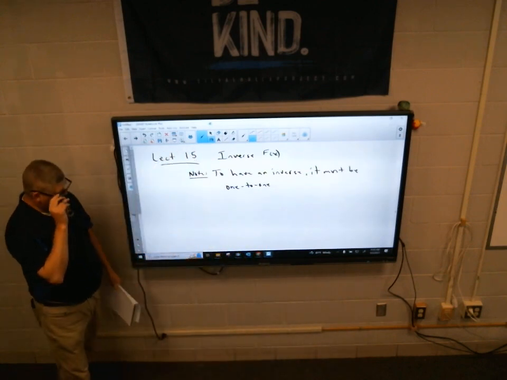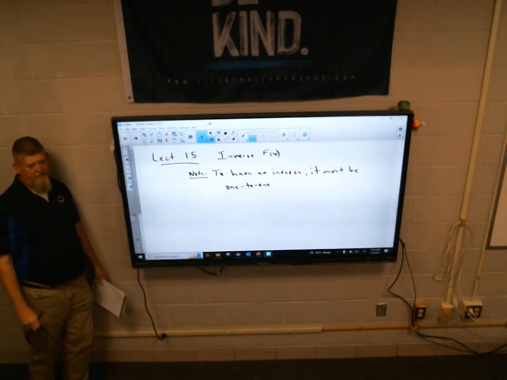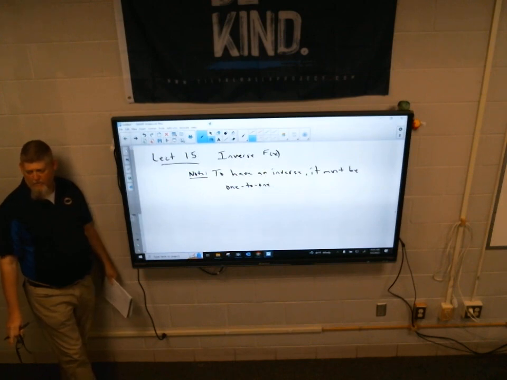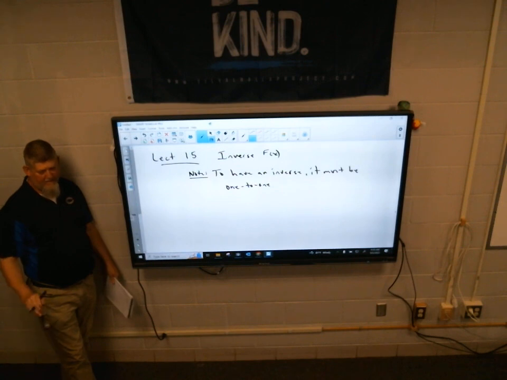So when I give you a function and say find its inverse, if it's not one-to-one, it doesn't have an inverse. It has to be one-to-one.